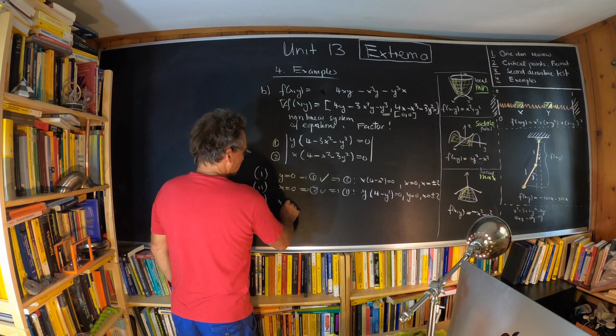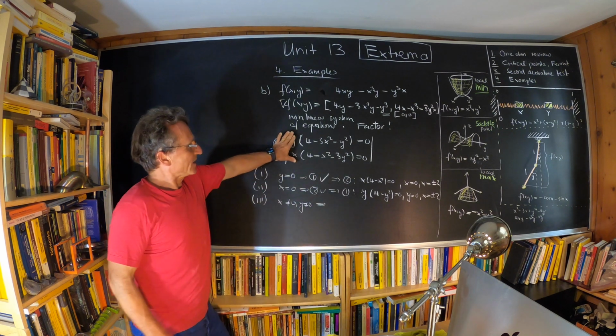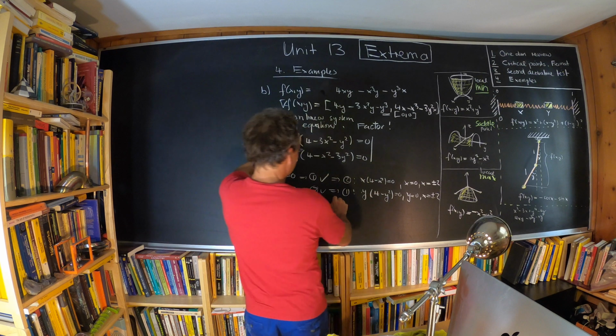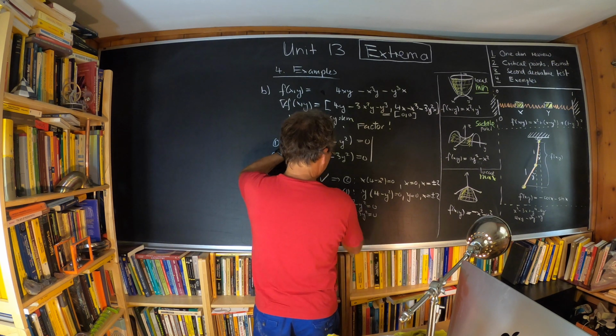Now there's a third possibility. So x is not equal to 0 and y is not equal to 0. Then we have two equations: 4 minus 3x squared minus y squared is equal to 0, and 4 minus x squared minus 3y squared is equal to 0.